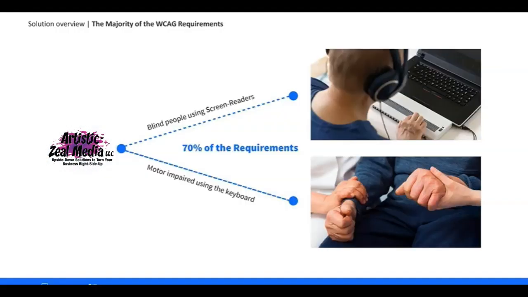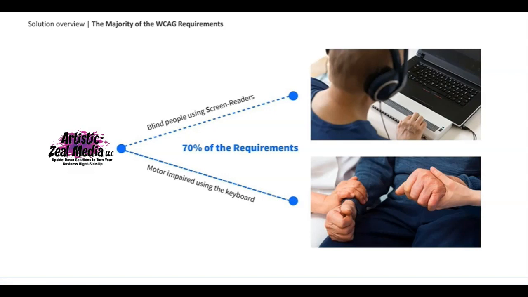So now we'll discuss the background application and how it helps to cover the two main areas that those requirements meet, which is for the blind who use screen readers to access the website and for the motor impaired who use keyboards.